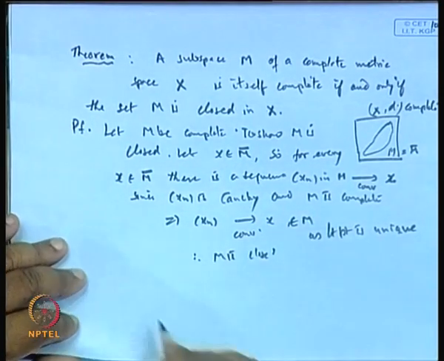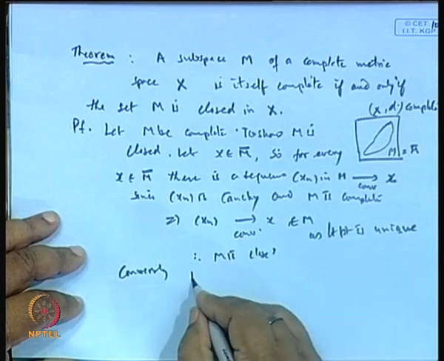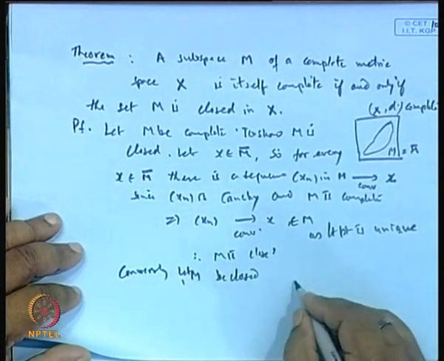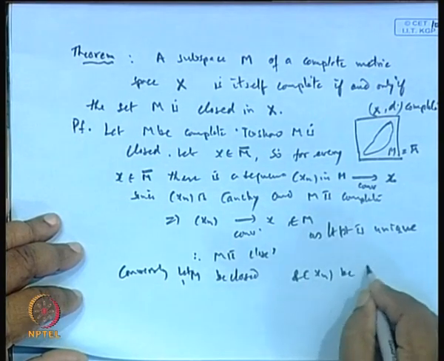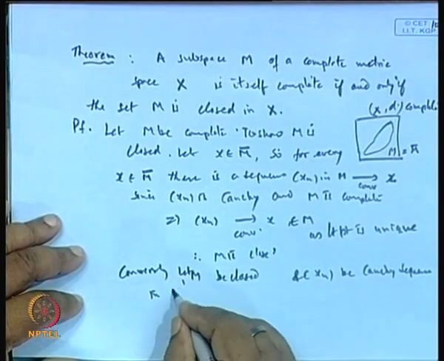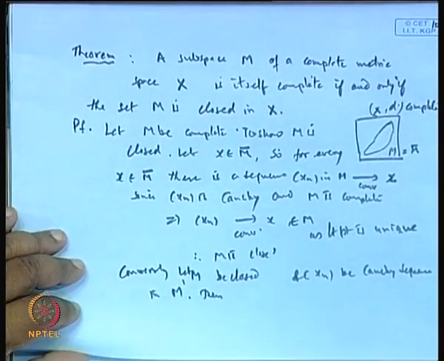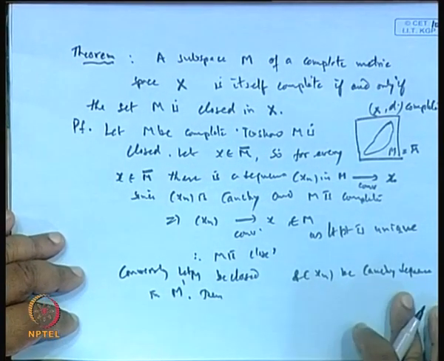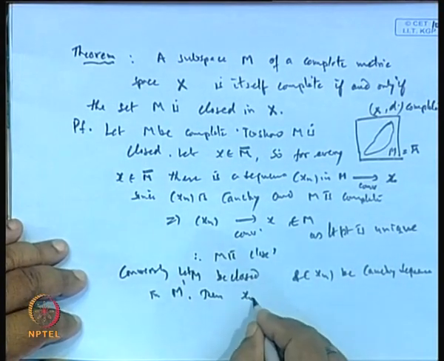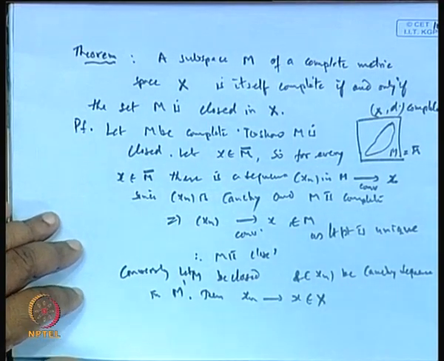Now, conversely, if we take M to be closed and x n to be a Cauchy sequence in M, then because x n is a Cauchy sequence in the complete space X, this sequence converges to x, which is a point in X, suppose.